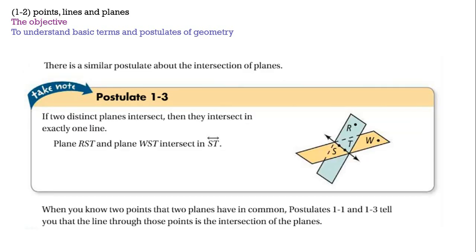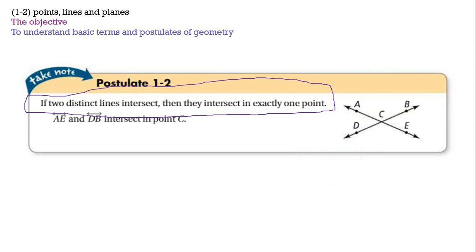Now, finally, the last postulate: if two distinct planes intersect, then they intersect in exactly one line. So if you compare this postulate and the previous one, if two lines intersect, then they intersect in one point only.